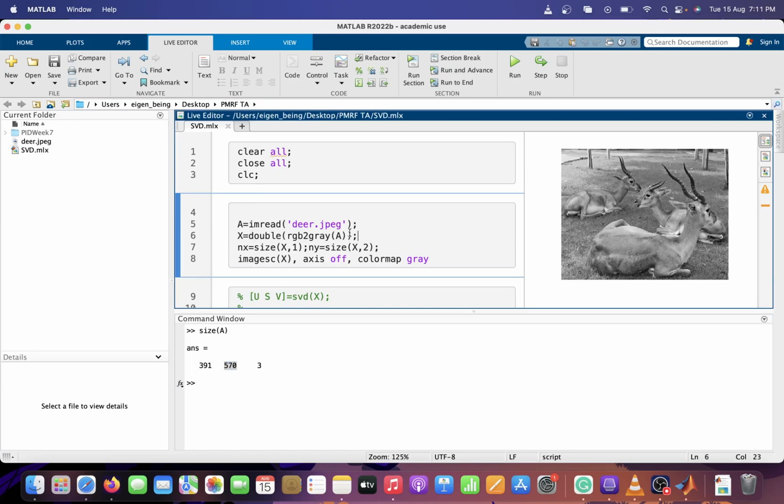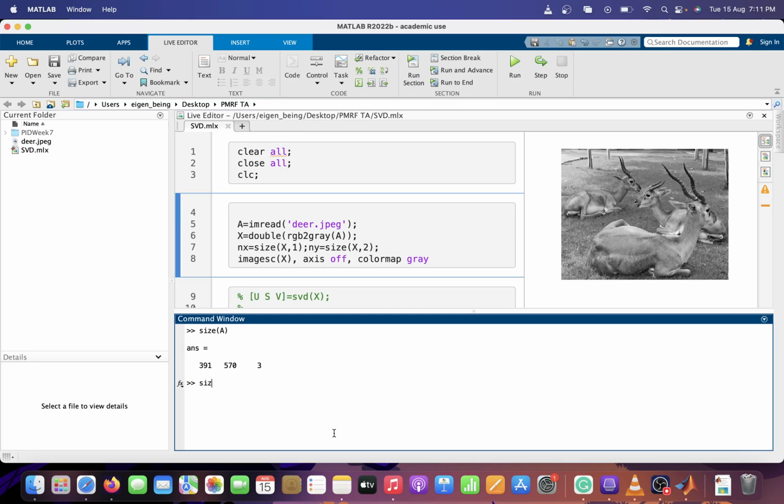Now, I convert it to a grayscale image and plot it here. So, what is the dimension of X? I take away the color information, the RGB information. Now it's just brightness, 391 cross 570, height cross width.